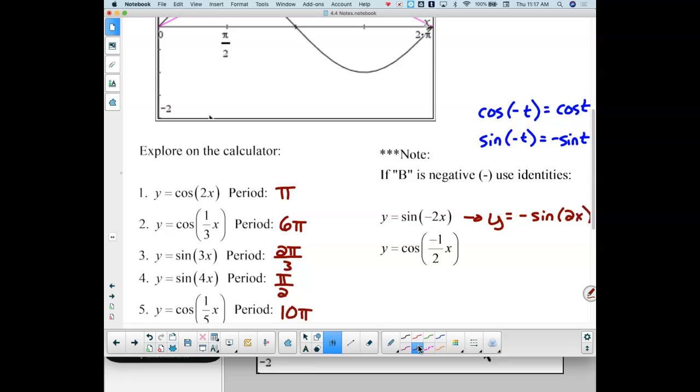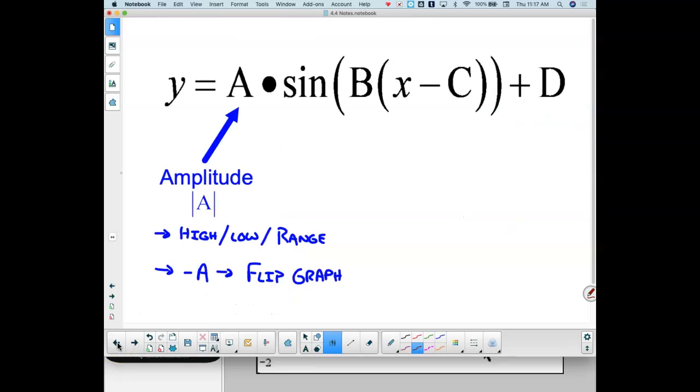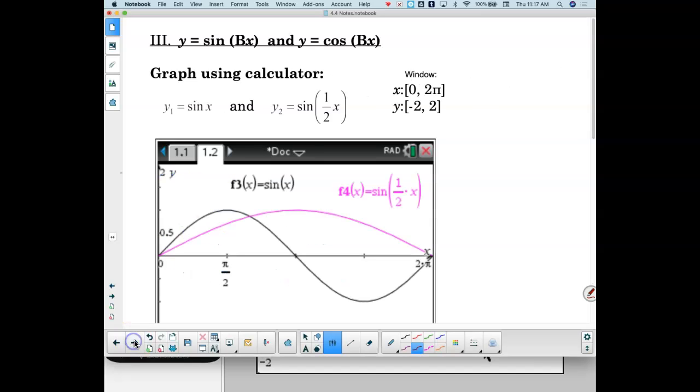So what do you know about a negative b value with sine? What do we know about negative b values with sines? They flip the graph, they flip the sine curve.